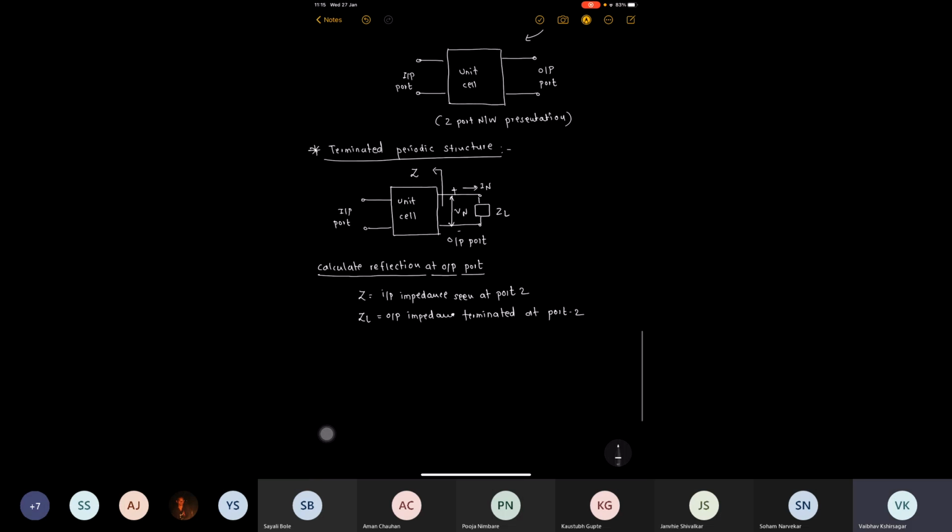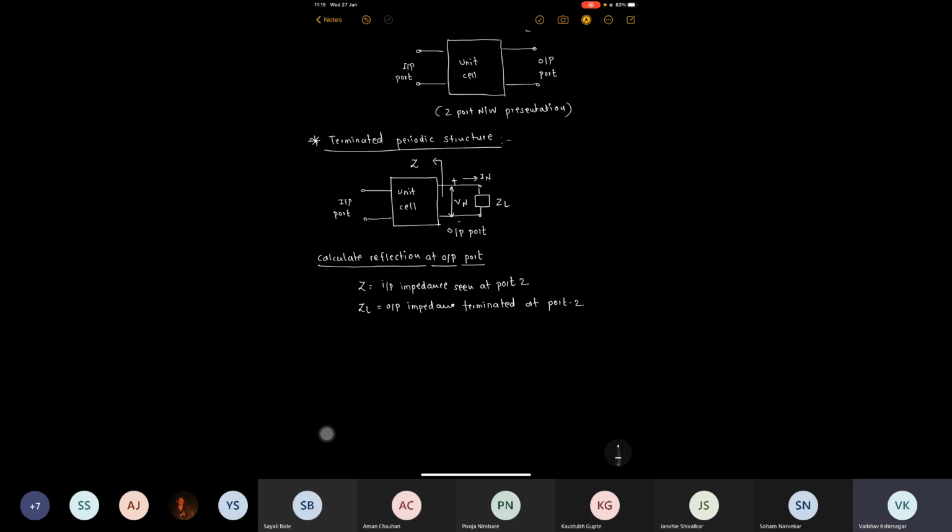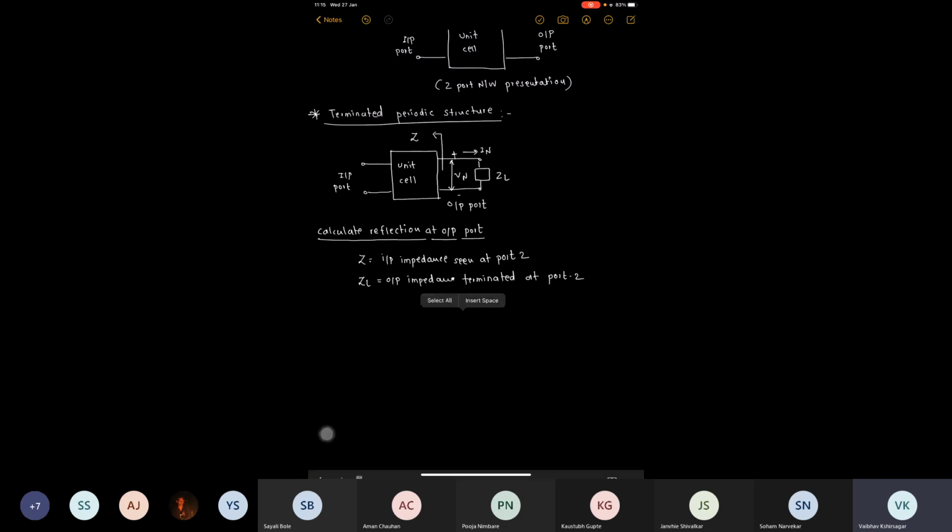So we know the input impedance that we can get by looking into port number 2 of this unit cell, which is represented as a 2-port network. And we know that this output port is terminated into the load impedance ZL. So how do we calculate the reflection coefficient? What is the formula of the reflection coefficient gamma?